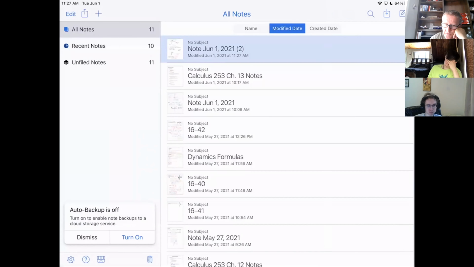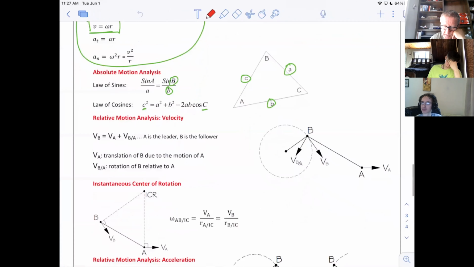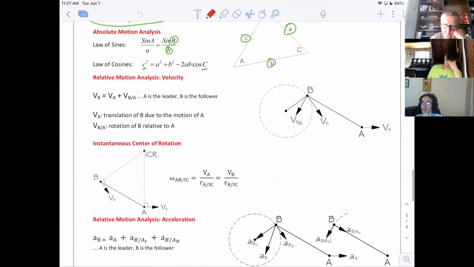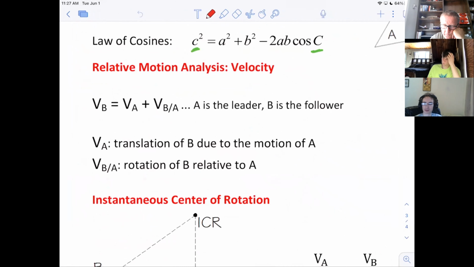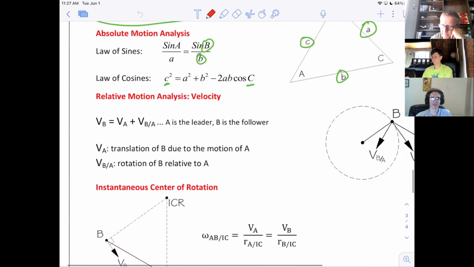Now, let's see what's sitting in the note sheet about this for you guys to steal in the next test. Wow, that was lucky. Exact same letters even. So velocity of A is the translation of B due to the motion of A. Velocity of B around A is rotation of B relative to A. Okay, that's in there.